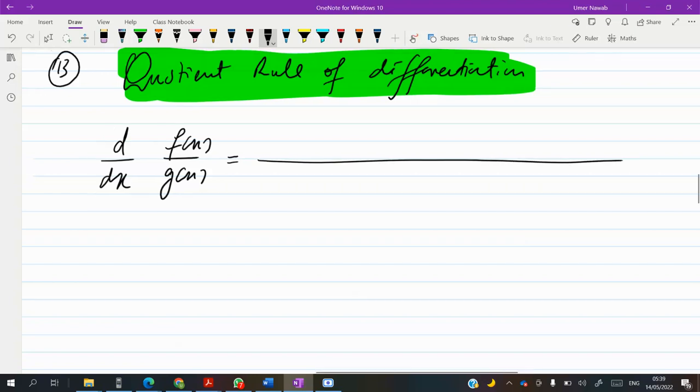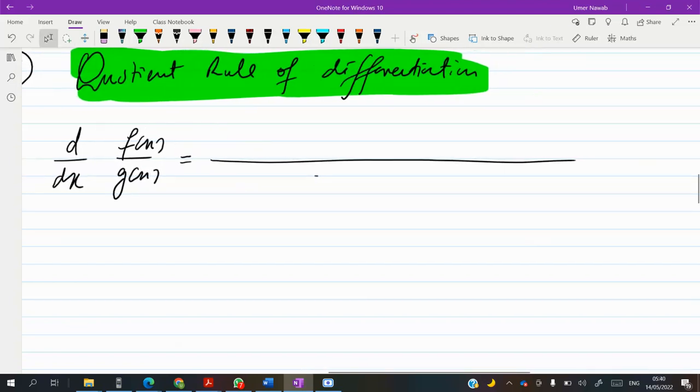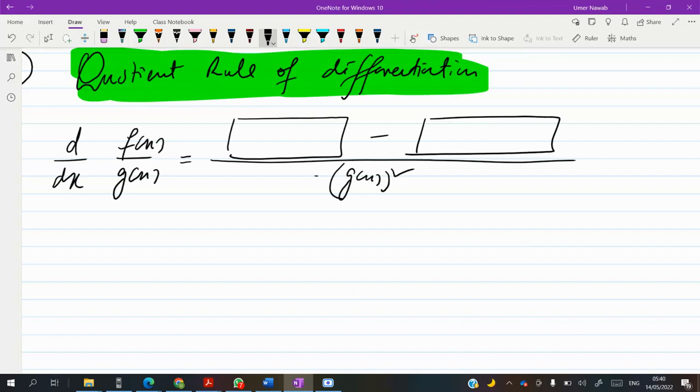In such a case, you write the denominator function g of x under the square, and then you will again do the same thing as in the product rule, but now you will have a minus sign in between. Your first term will be divided into two parts, and the second term will also be divided into two parts.